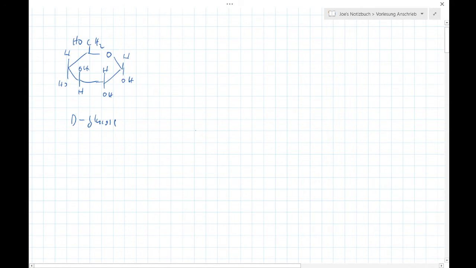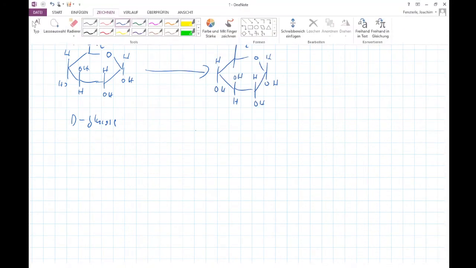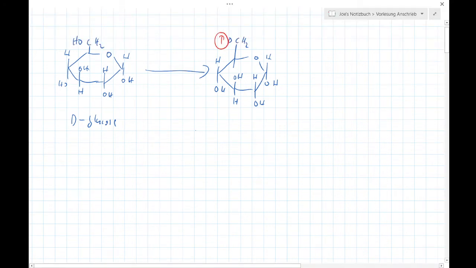Now the first step in glycolysis is a phosphorylation of this glucose. And this phosphorylation yields then glucose 6-phosphate. And here we have now our phosphate. Of course this is a phosphate molecule, it's PO4 2-. I just abbreviate it like this, and this is coming not from an inorganic phosphate, this is coming from ATP, and of course then you get here ADP, and this phosphate is being transferred.